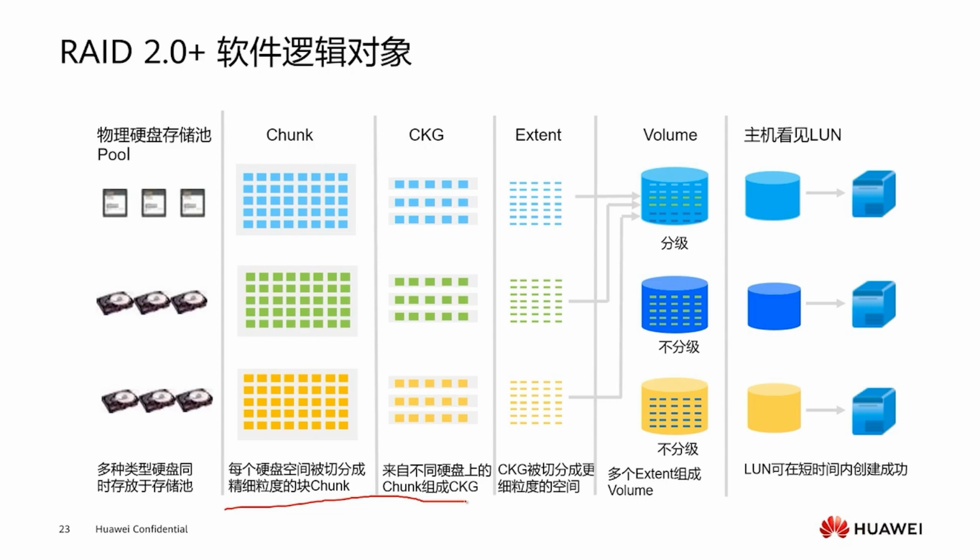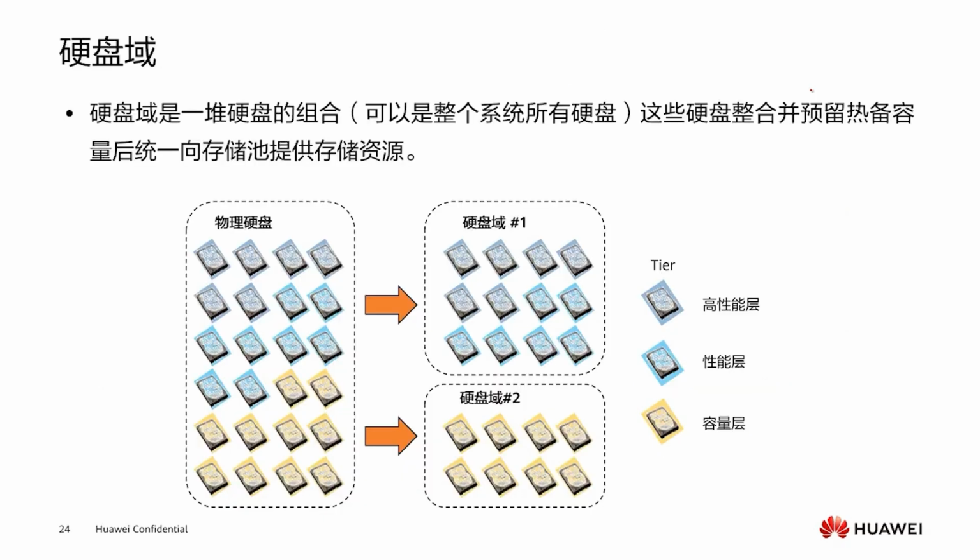The reconstruction speed has increased nearly 20 times, greatly reducing the impact on the business during the reconstruction process and the probability of multiple disk failures. And all the hard disks in its storage pool will participate in the reconstruction, changing from the traditional RAID many-to-one reconstruction mode to the many-to-many fast reconstruction mode.